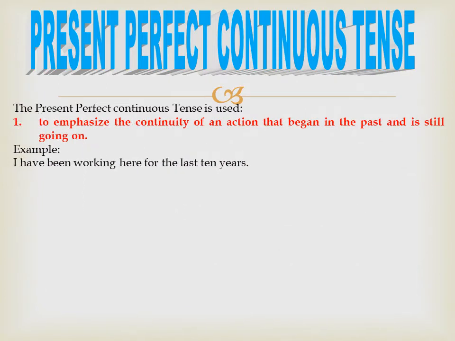For example, I have been working here for the last 10 years. It means that I began working here in the past and am still working here. Another example, they have been discussing the problem since January.